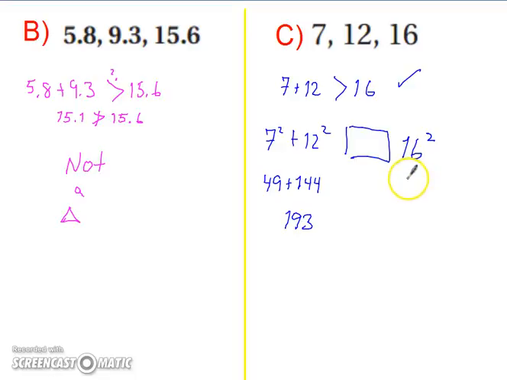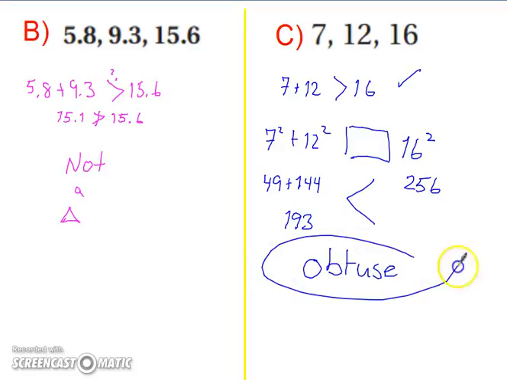And 16 squared is 256. So therefore, our c squared is larger than our a squared plus b squared. So therefore, it is an obtuse triangle. And that concludes our lesson on the Pythagorean theorem.